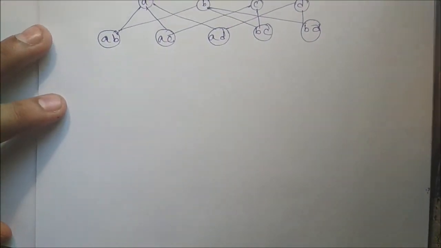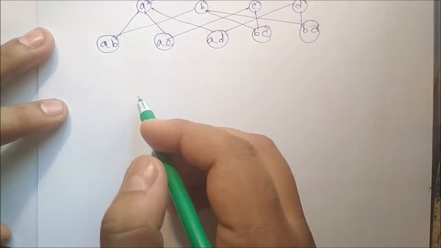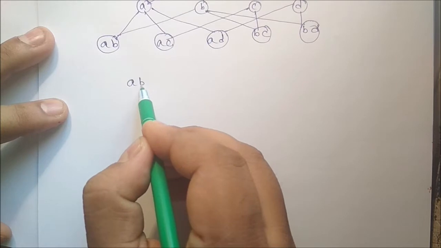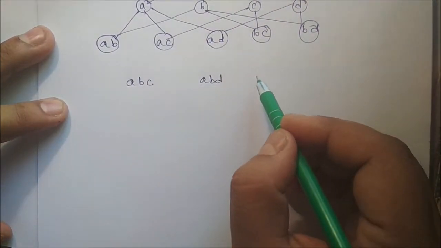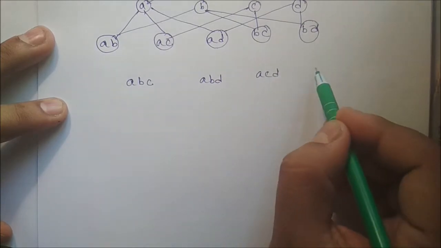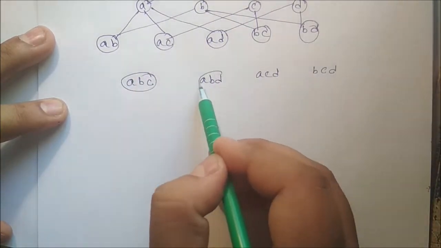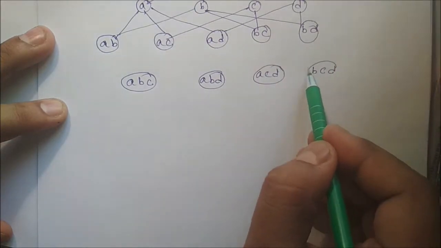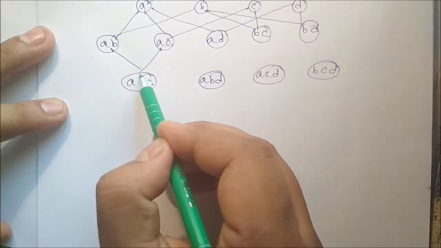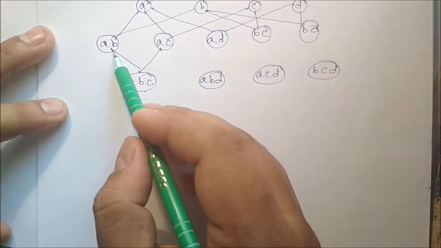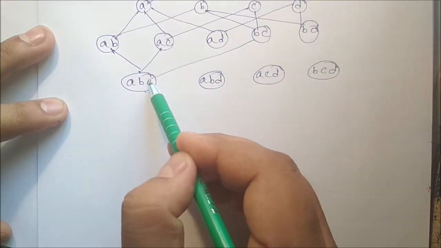Similarly, for combinations of 3 items, we can get ABC, ABD, ACD and BCD. How to get ABC, ABD, ACD and BCD? ABC is obtained by combining these two, and from this also we can get ABC.